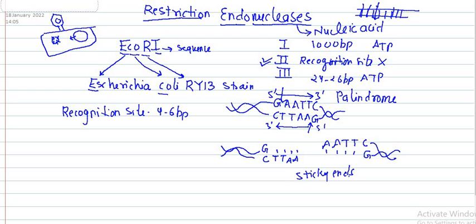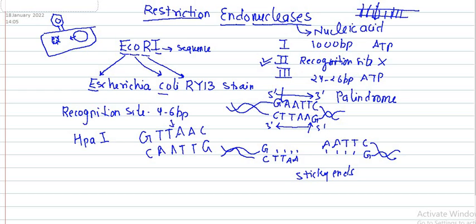How blunt ends are produced is also very important for us. There is another enzyme, HPA first, isolated from Haemophilus parainfluenzae. Its recognition site is GTTAAC. Palindrome बनाइए GTTAAC.